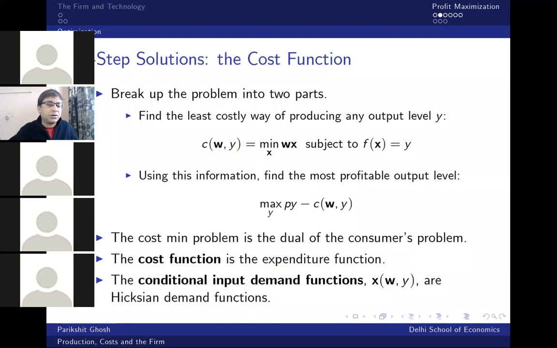So cost minimization is necessary for profit maximization, but certainly not sufficient. And sir, if we are maximizing profit, does it imply that we will be minimizing cost? Profit maximization implies cost minimization, but cost minimization does not imply profit maximization. It's a one-way implication. All right, sir. Thank you, sir.